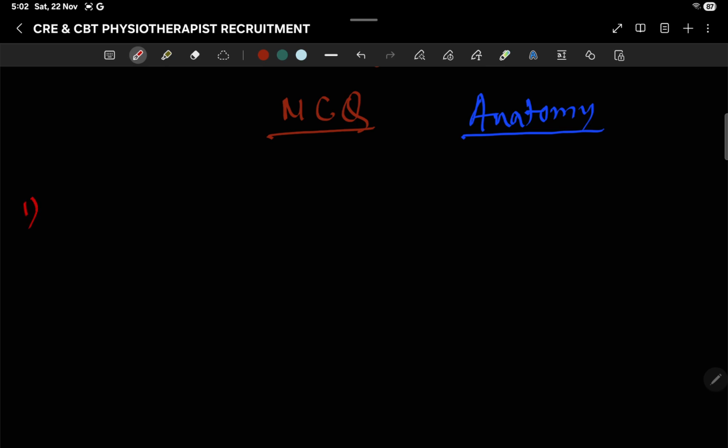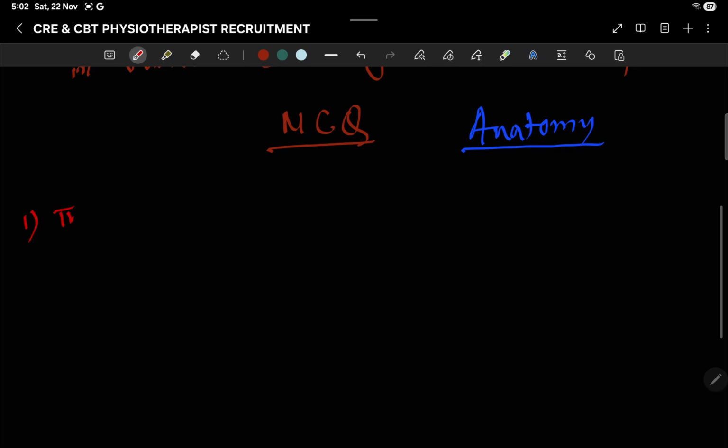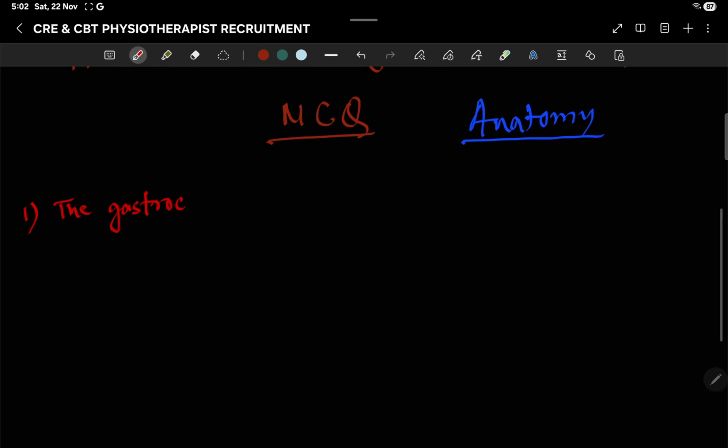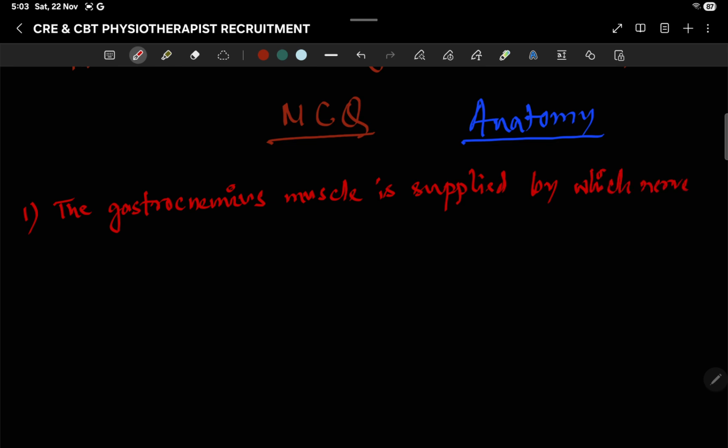Number one, the gastrocnemius muscle is supplied by which nerve? Number one MCQ question.